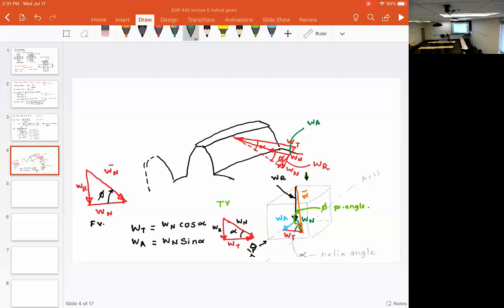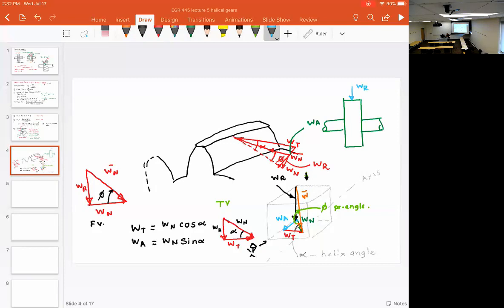the diagram for the gear. So this is the gear. Now you are going to have a Wt, something like this. This is Wr, sorry.